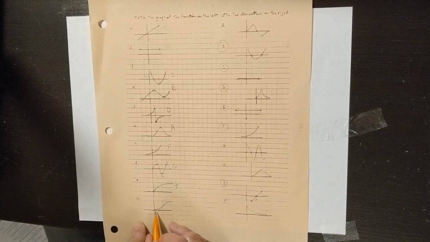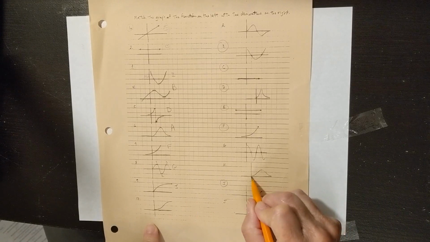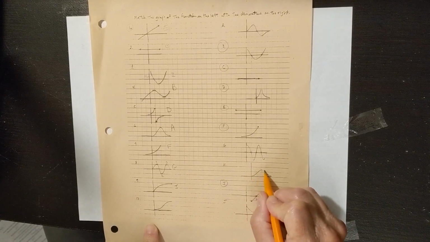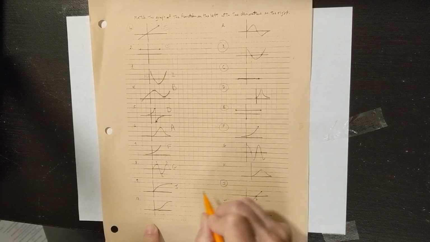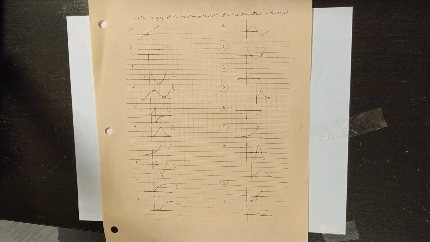The slope is flat, so it's close to 0, and then it goes positive, and then it goes close to 0 again. So that's going to be H. So that is this matching worksheet. You might want to work through it again until you get it in your head. I'm trying to look at the slope of this graph and make it match what's happening over there.